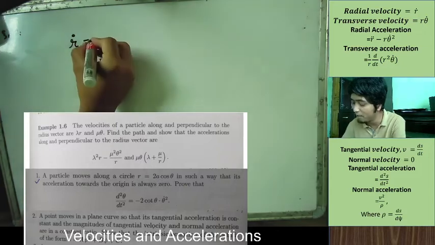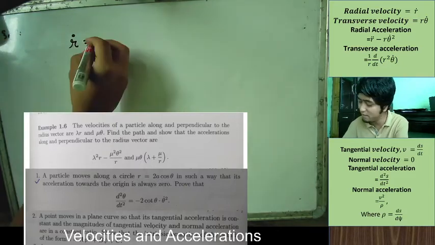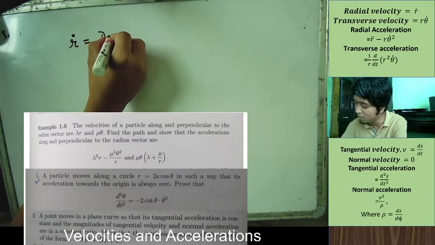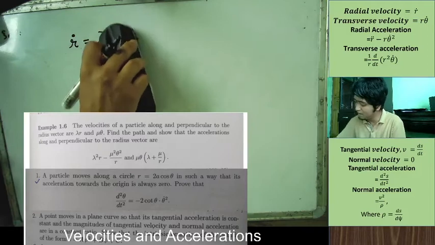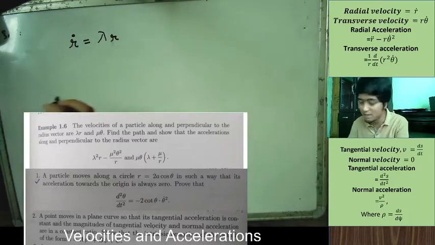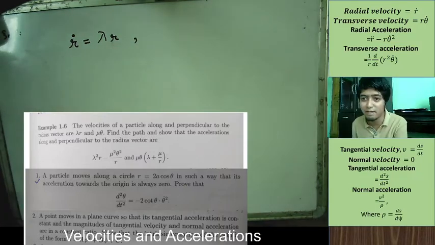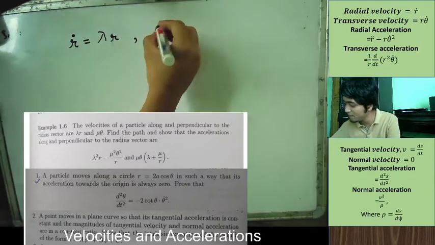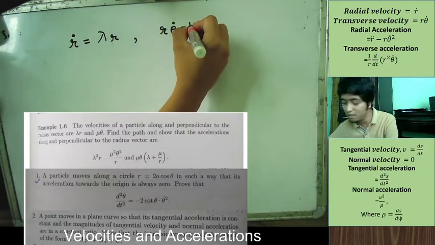Keep that in mind. So along the radius vector, it is r dot, and it's given by lambda r. The velocity perpendicular to the radius vector, that is the transverse velocity, is r theta dot. R theta dot is given to be mu theta.